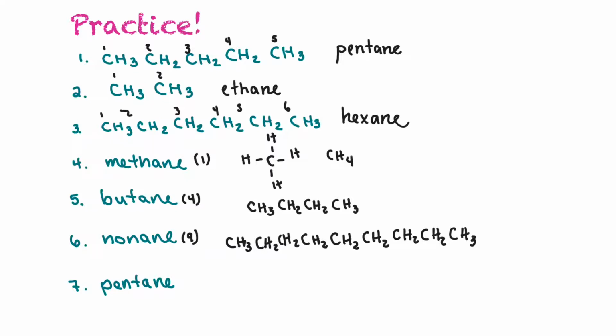So that's nonane. And then pentane we'll draw branched out. So pentane is 5. So we've got C, there's 5. And then we can draw our empty spaces and put hydrogens in. Like so.